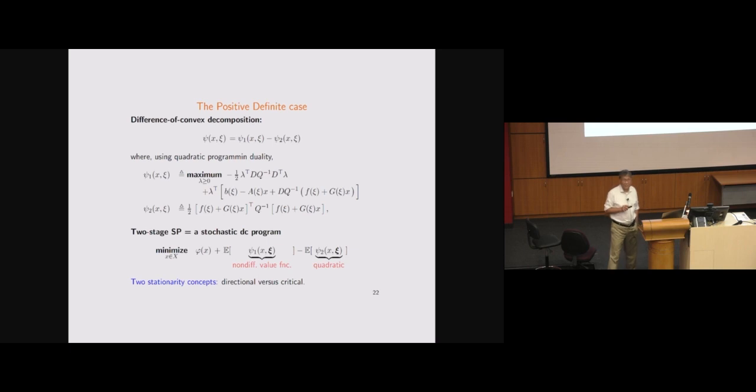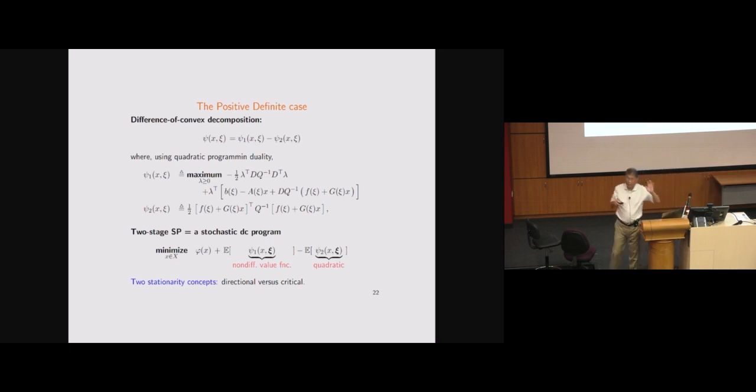And in the DC literature in the 80s, maybe the concept of critical point was introduced. Critical points are broadening. So you have directional stationary points here, you have the Clarke stationary points bigger, and then the critical points even bigger.